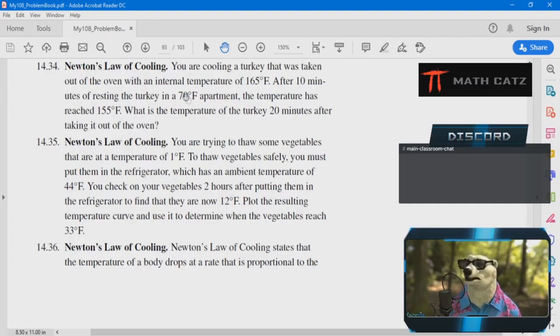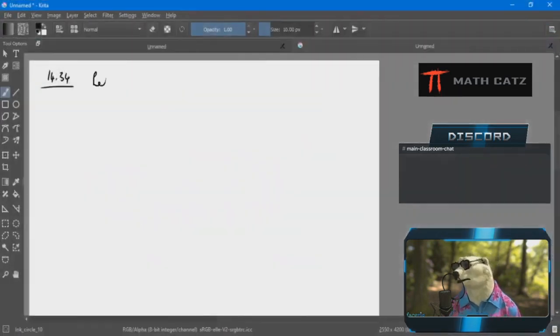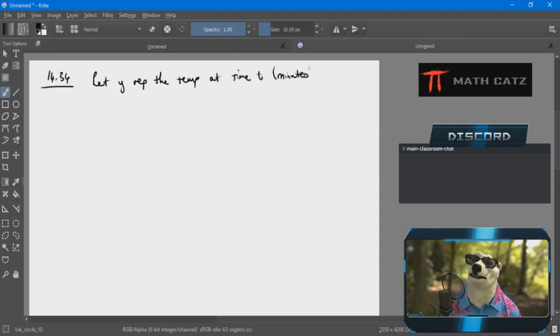All right, so we have our surrounding, our ambient temperature of 70 degrees, and our initial temperature is 165. Time seems to be in minutes. So let's say here, y represents the temperature of the turkey at time t, and that would be in minutes.